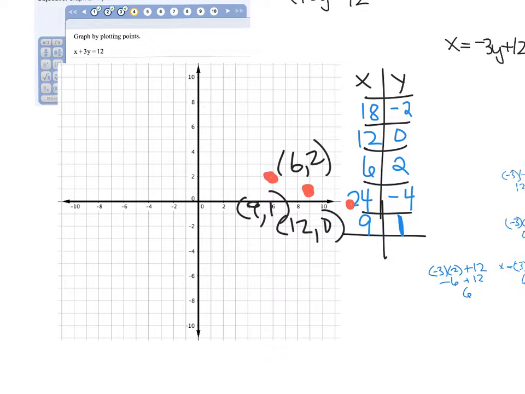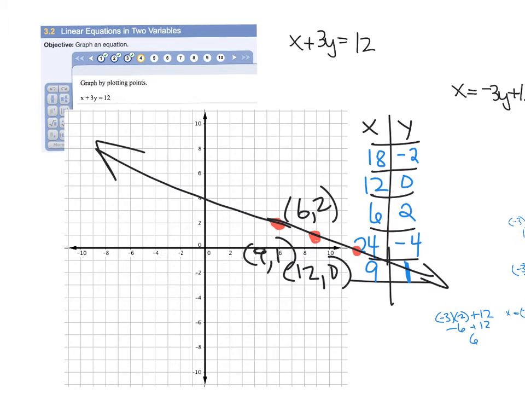And so you can see, here's your line. It's going to go this way, and it's going to go that way. And so if we really wanted to, let's see, does this make sense? 18, negative 2. 18 would be over here. And so, yeah, negative 2 seems to make sense. And that wraps up this noisy problem.